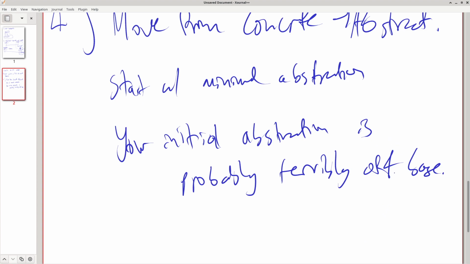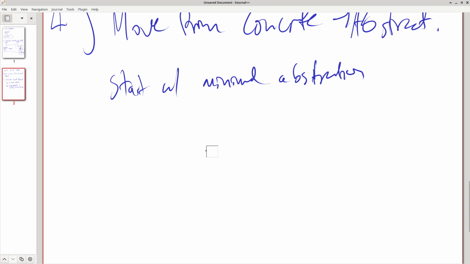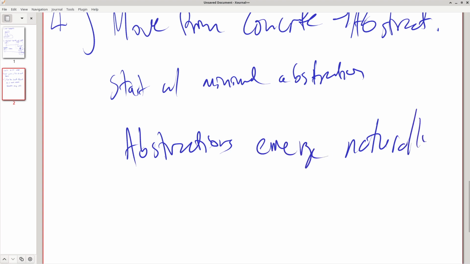That's not necessarily a bad thing. But if you try to do all the abstraction up front, you're going to run into some problems. You're going to realize that, oh, wait, I didn't account for that case. Well, now I have to redo the entire thing. That's why abstractions should flow naturally from your code. Flow naturally, or emerge might be a better word. Emerge naturally. You don't force them.